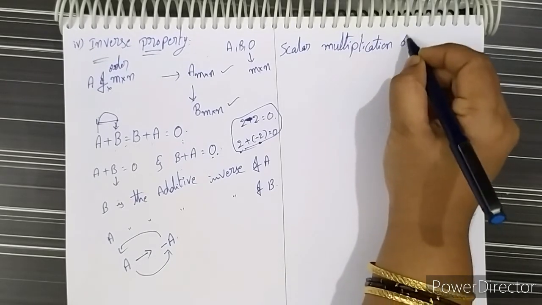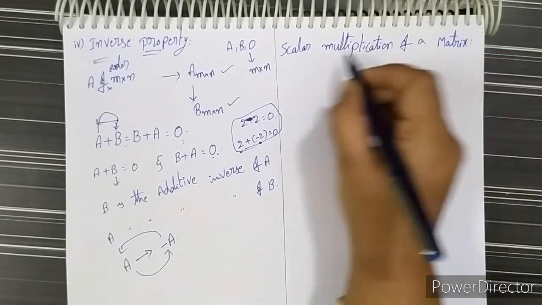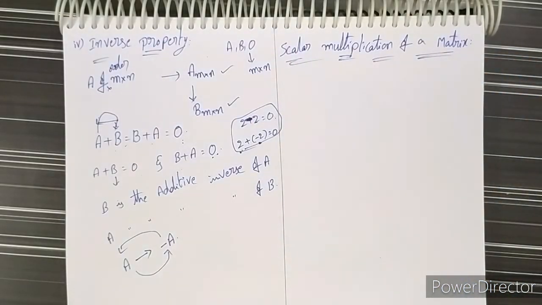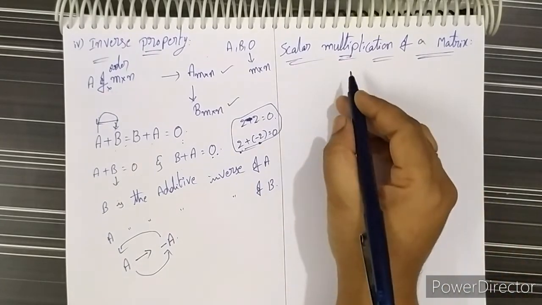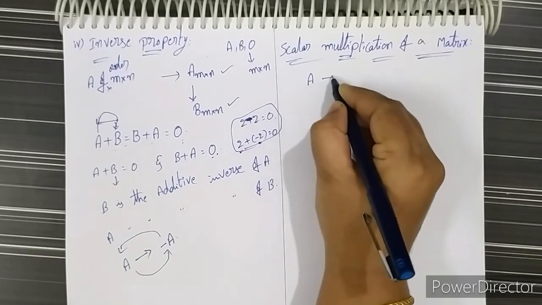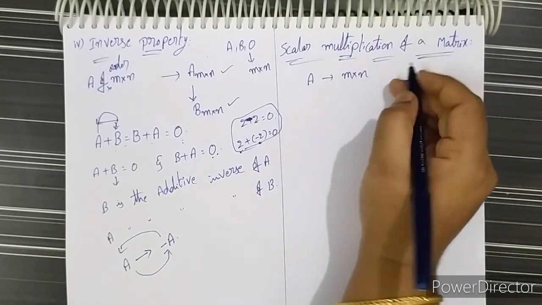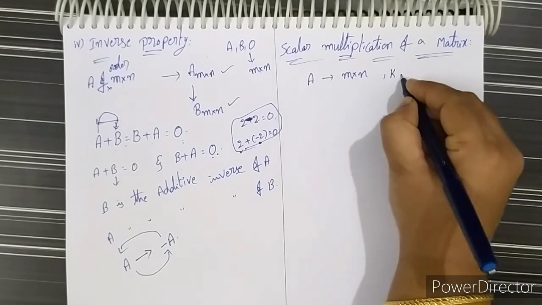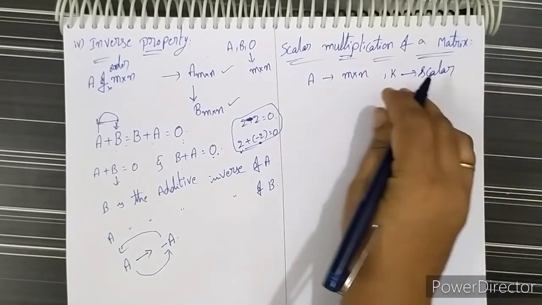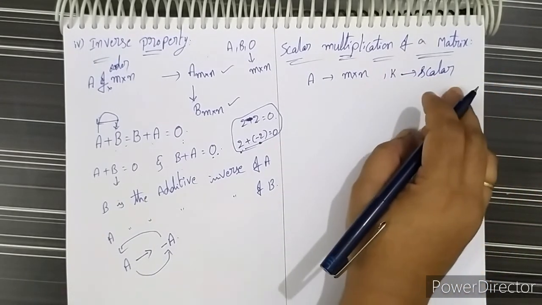Scalar multiplication of a matrix. Let A be a matrix of order m by n, and K be any scalar, that is a real or complex number.